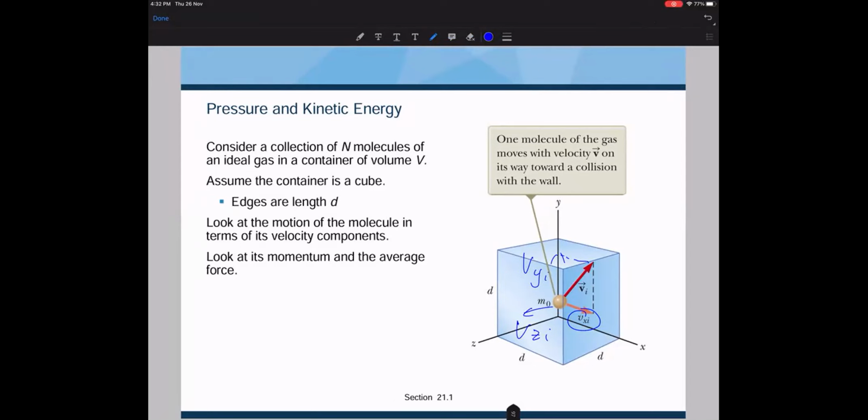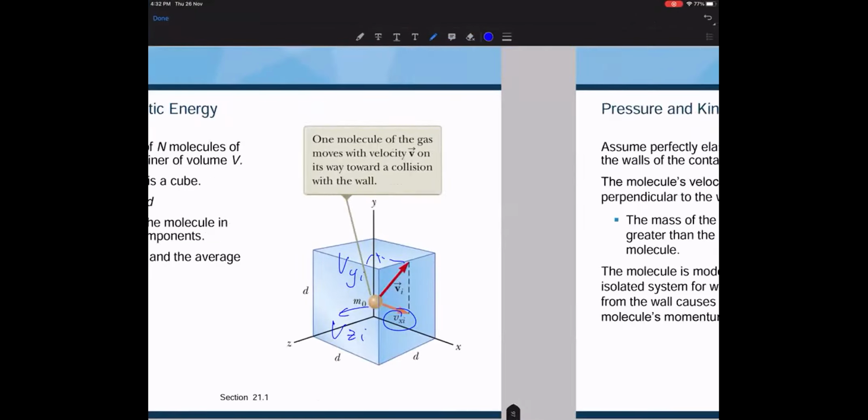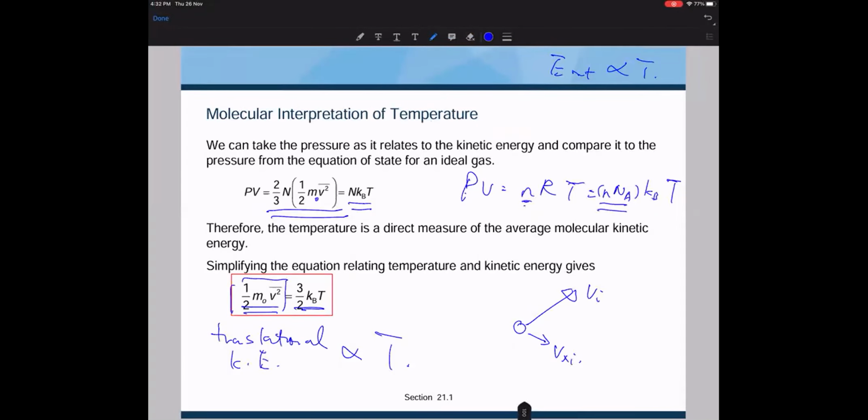On average, if you take all the particles in the system and consider the amount of energy in all 3 directions, it is very reasonable for us to assume that the energy in any direction should be equal. The average energy in any direction should be equal.